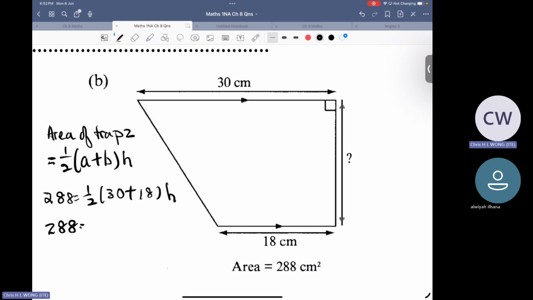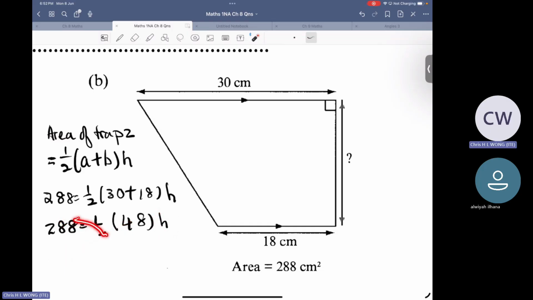288 equals half, 30 plus 18 will be 48, right? You're going to solve h, isn't it? If you want to solve h, the h must be alone. So you're going to put 2 over here, 48 bring down.